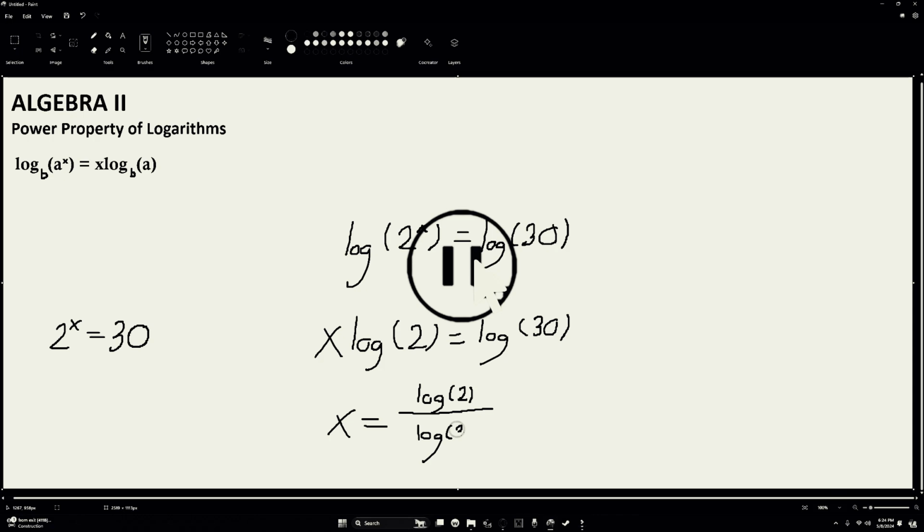So do not listen to what I'm saying right here. It should be log of 30 over log of 2, but I'm too lazy to go and fix it. So log of 30 over 2, not log of 2 over 30. You still get the answer that I'm going to show, but it's log of 30 over 2, not log of 2 over 30.